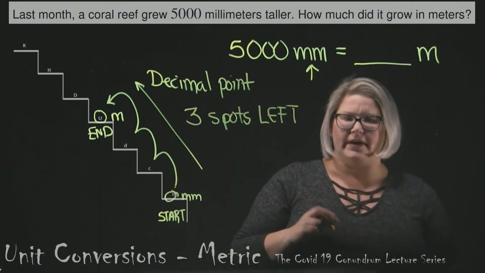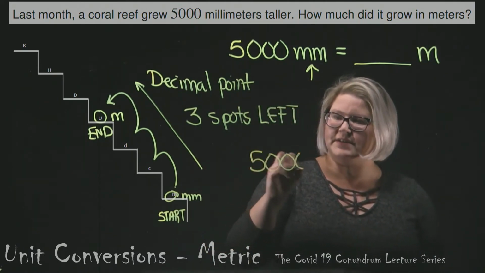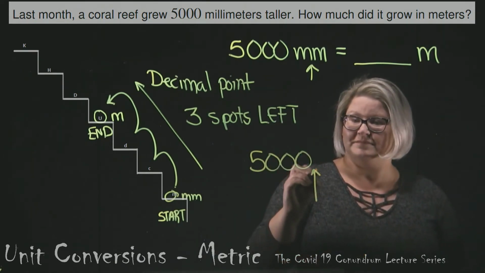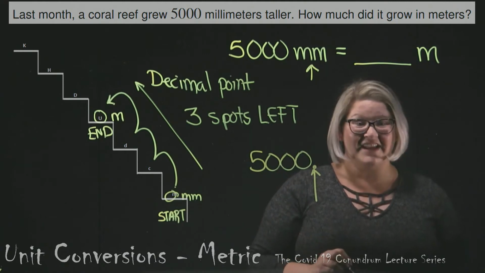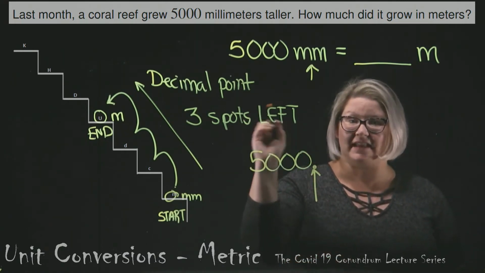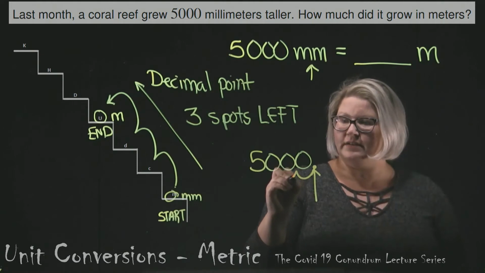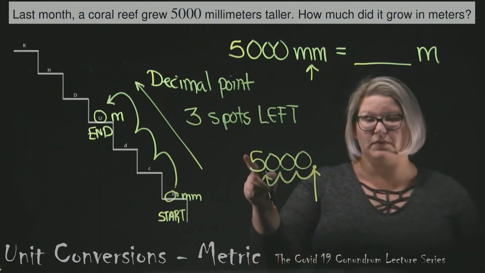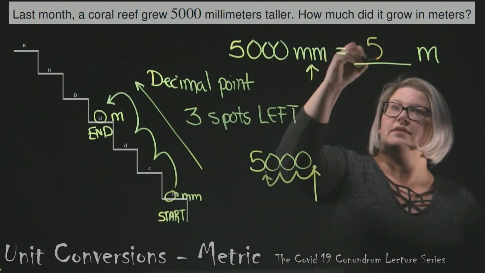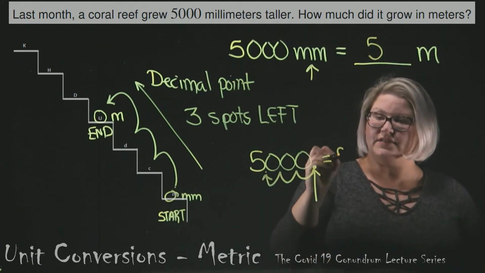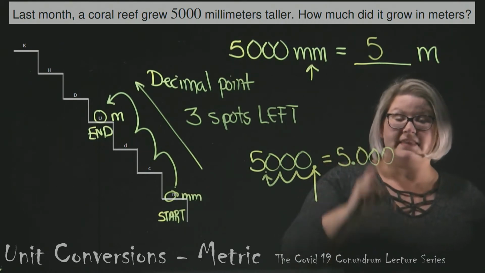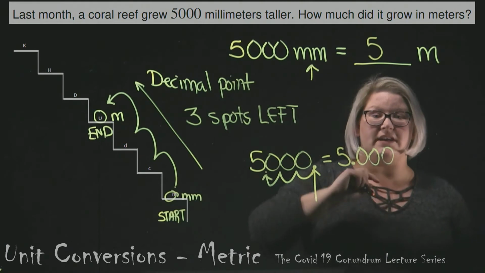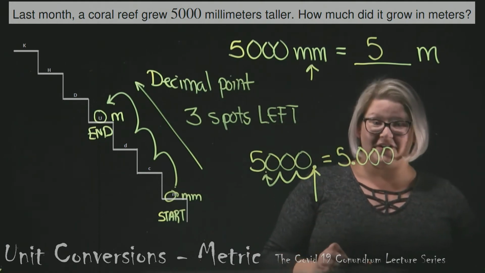Start with the number 5,000. Where's the decimal point? There it is. Now we move it 3 spots to the left: 1, 2, 3, and insert it between the 5 and the 0. That answer gives me 5. So 5,000 millimeters is the same as 5 meters.